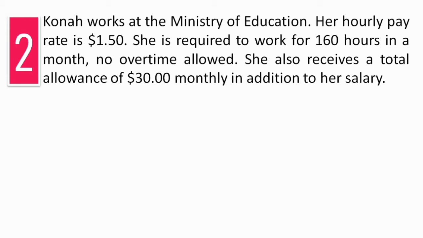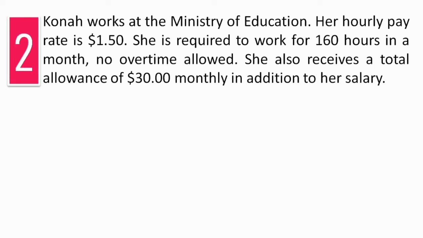Okay, so like I said in our previous problem, in order to model this situation, we need to identify the independent and the dependent variables. So looking at this problem, it has to do with Kona's work, and she is required to work for a certain number of hours, and based upon that, she will receive her monthly salary.